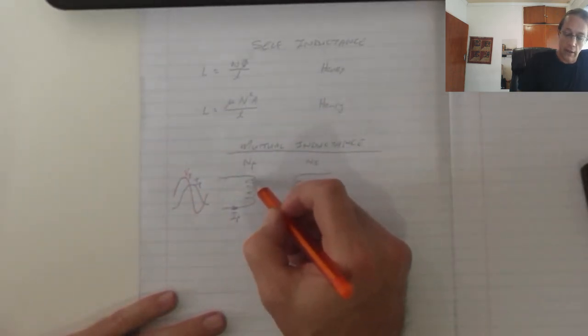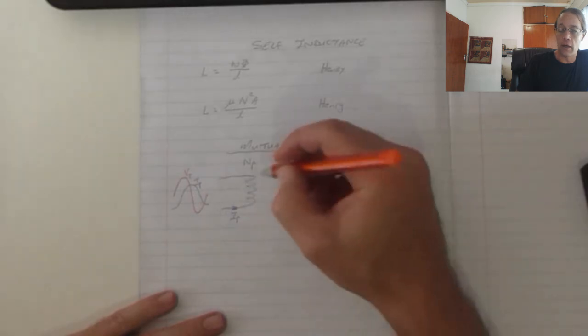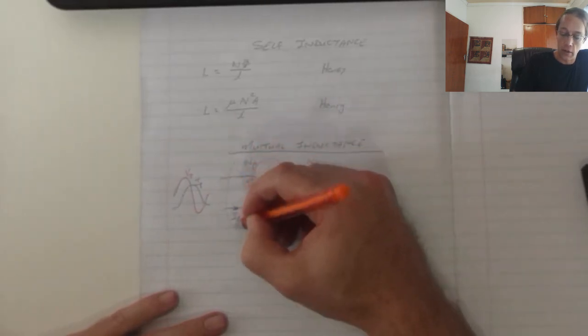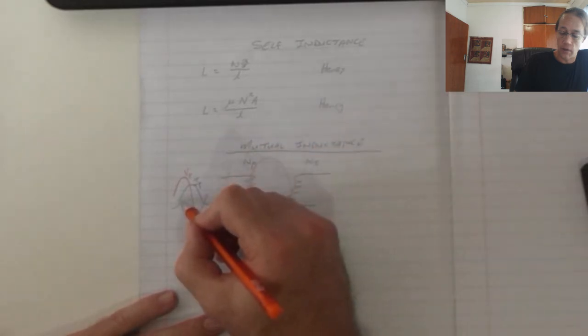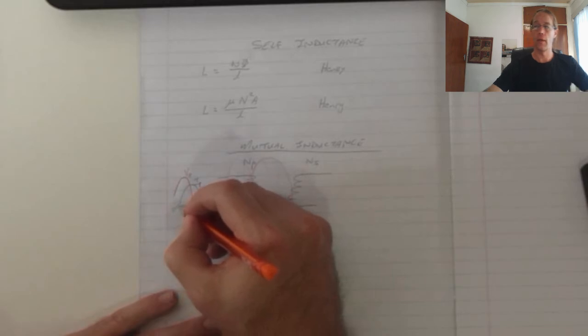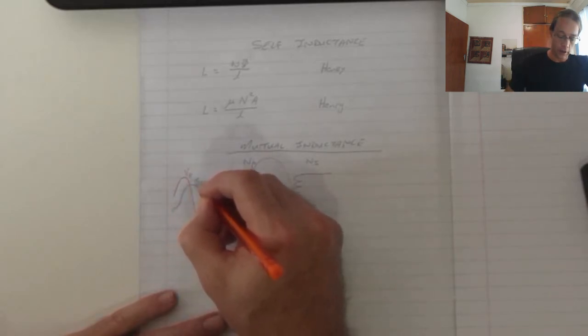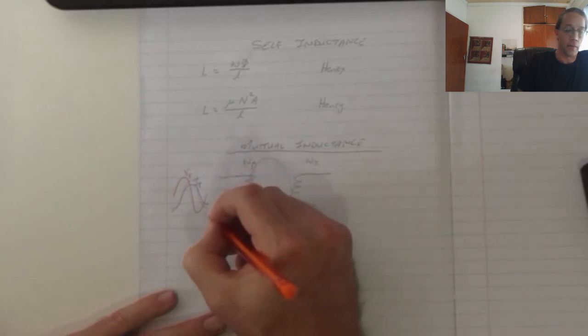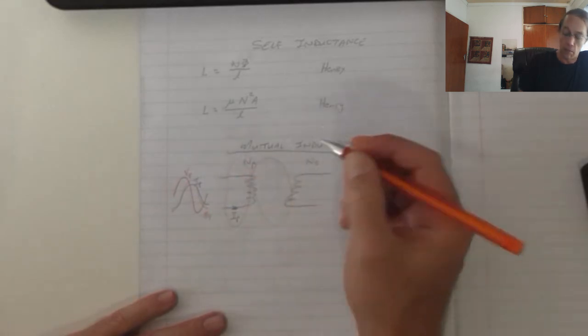Because there's current flow, we will generate a magnetic field. The size of this magnetic field is directly proportional to the size of the current that's flowing. So if I have an increase in current, I will have an increase in flux.